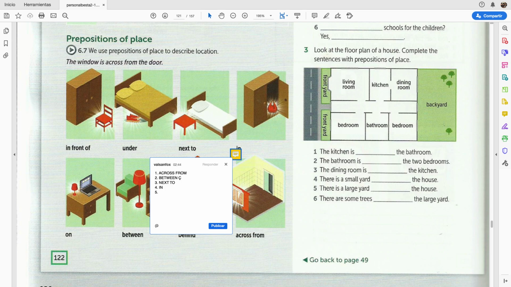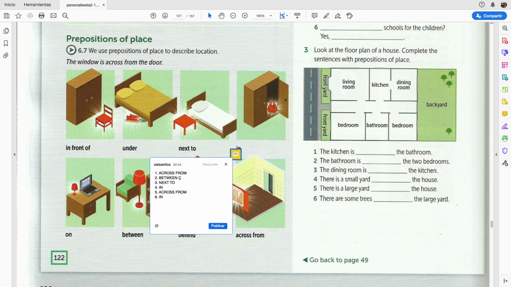Yes, there's a large yard across from the house. Can we say across from the house? Across from the house. And the last one, number 6, there are 2 trees in the large backyard.